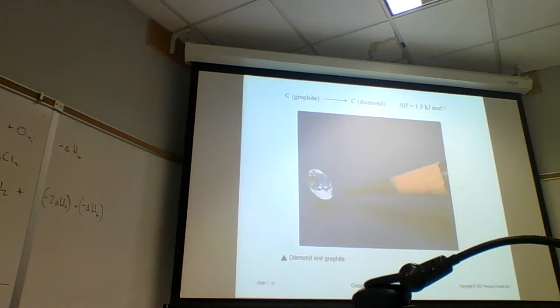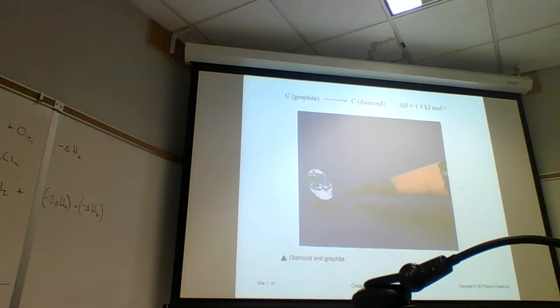And so delta H of formation of diamond is 1.9. This is a formation. How can I tell this is a formation reaction? Because we're forming 1 mole of diamond from carbon in its standard state. Standard state of carbon is graphite. So 1.9 kilojoules, some people probably used that to make their coffee this morning.